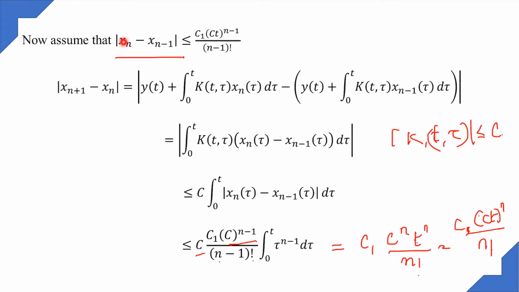So whenever absolute value of xn minus xn minus 1 is less than or equal to c1 times ct to the power n minus 1 divided by n minus 1 factorial, we have absolute value of xn plus 1 of t minus xn of t is less than or equal to c1 times ct to the power n divided by n factorial.